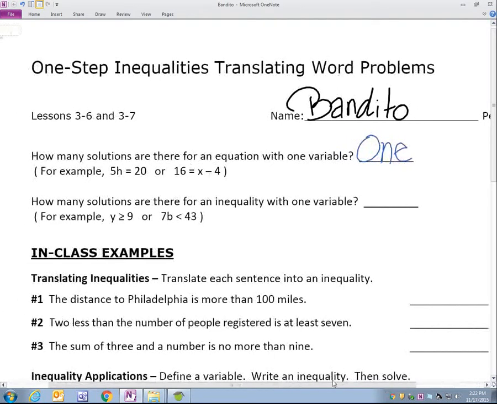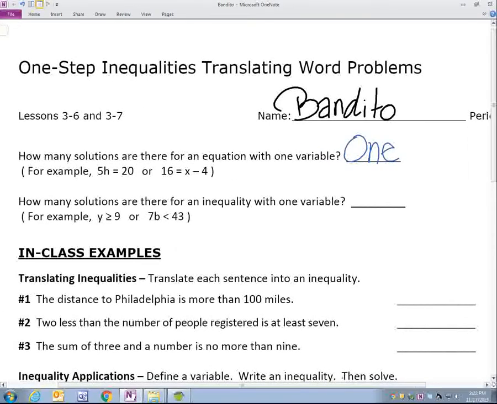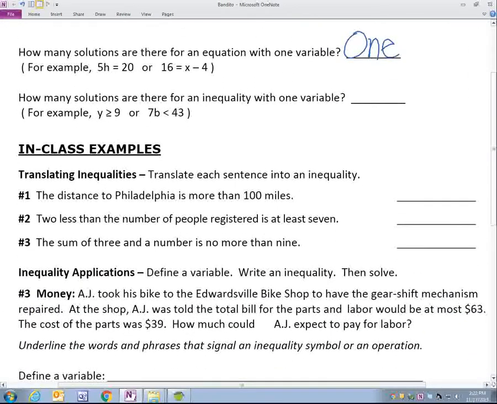Now, how many solutions are there in an inequality with one variable? What do you think? 3, okay. Possibly. What do you think? 2, okay, getting colder. 5, getting warmer.